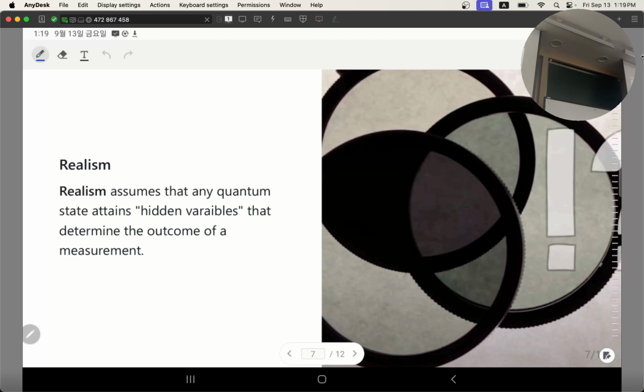When quantum mechanics, quantum theory, appeared, there was a debate about how to interpret quantum mechanics. Einstein argued that if you see something, it should be there.